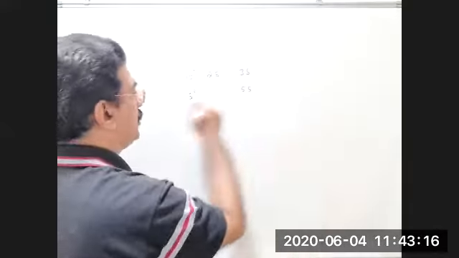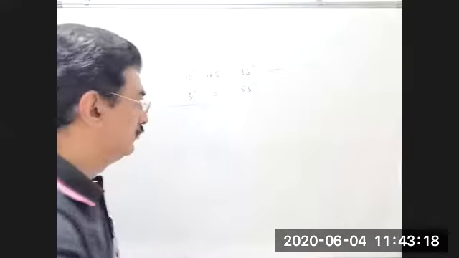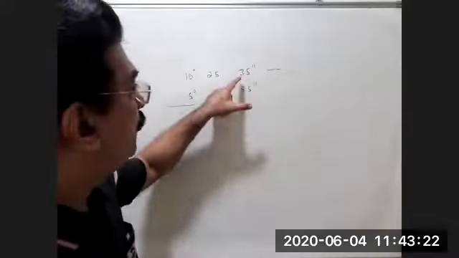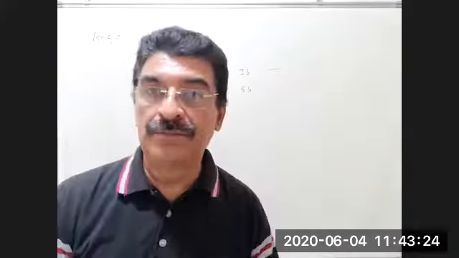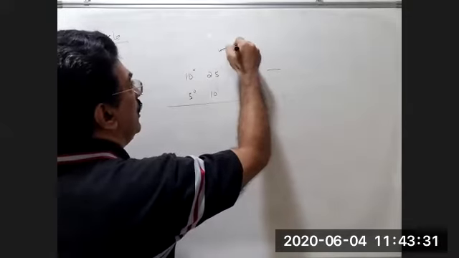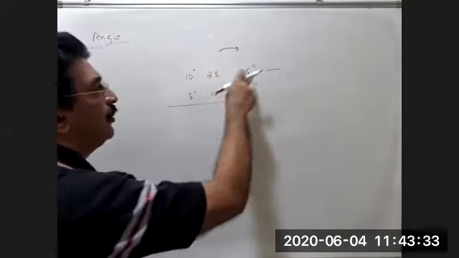We have to subtract. For subtraction, 35 minus 55 is not possible. So we have to borrow 1 minute from this one.